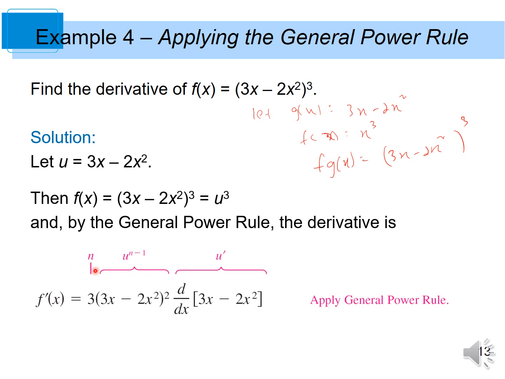We move the n to the front, and u power to the n minus 1, 3 minus 1, 2, times u prime. Differentiate u with respect to x. To differentiate u, this is in a different form. We have covered this part. We go straight to differentiate. So we have 3 minus 4x. So this is the answer.